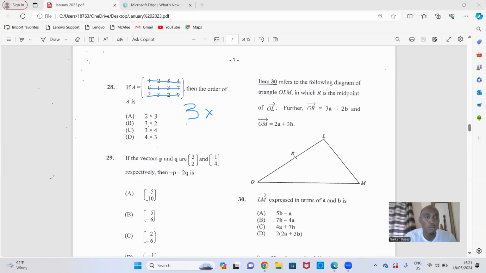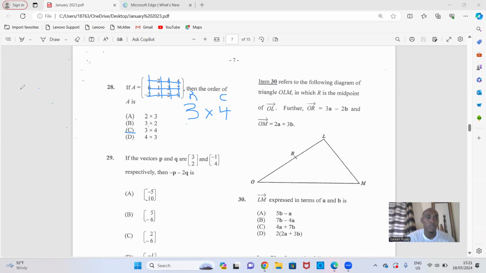The number of columns should be 1, 2, 3, 4. So this matrix is a 3 by 4 matrix. So if you look at part D, it says 4 by 3. So 4 by 3 is wrong. You have to write them in the right order. So you must always put the number of rows first, and then columns after. So it's row major order.